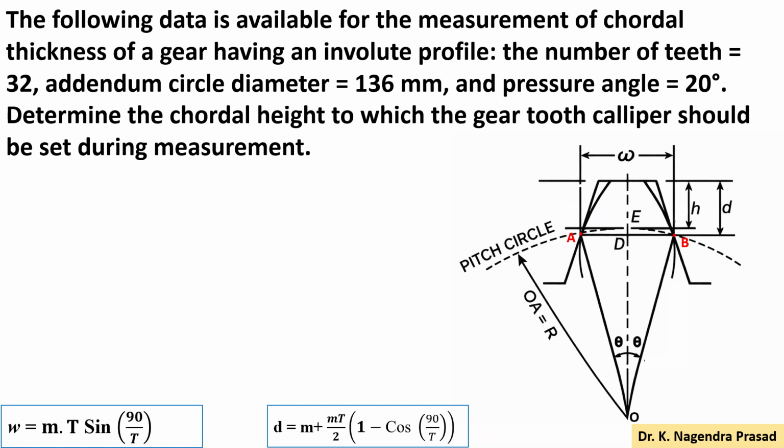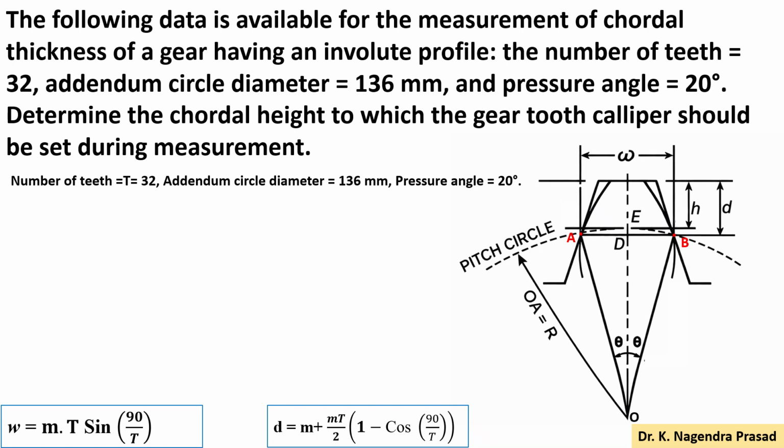The number of teeth capital T equals 32, addendum circle diameter is 136 mm, and pressure angle phi equals 20 degrees. The equation involves m and T, but in the data T is given but m is not given.